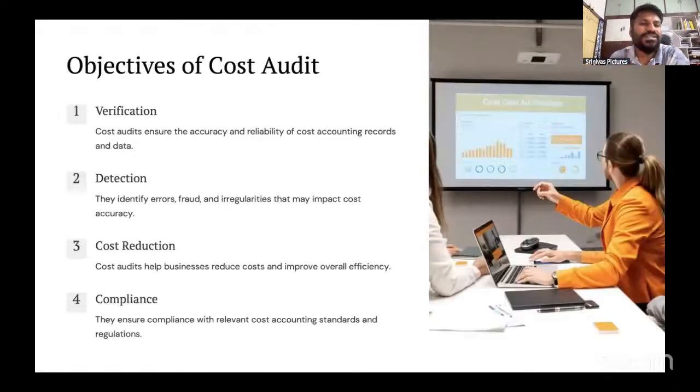So what is the objective of cost audit? There are a few objectives I mention here, but according to our text, we have the general objective and the social objective.